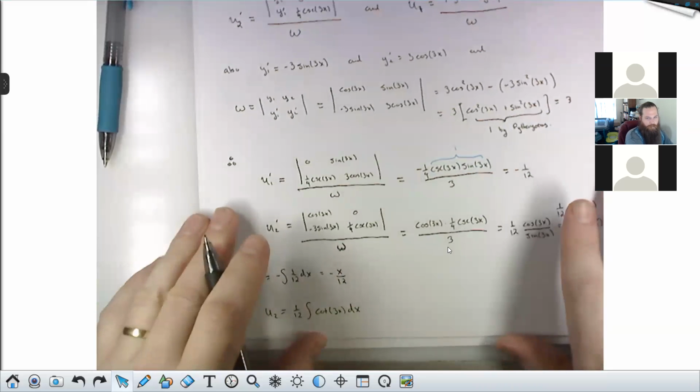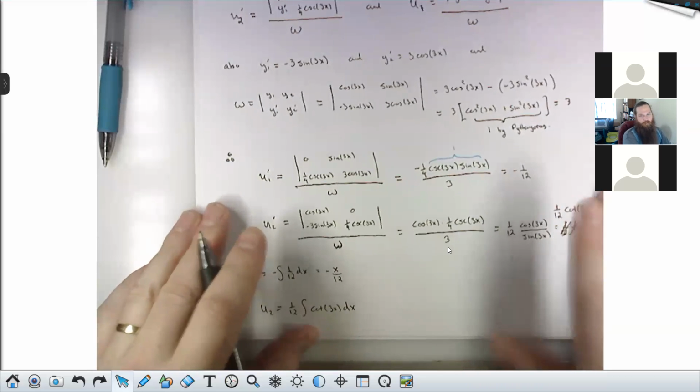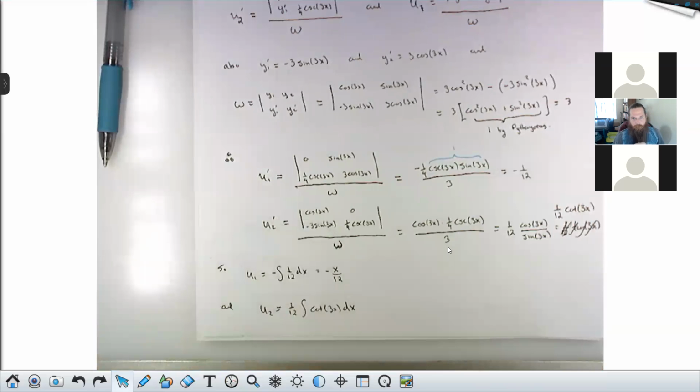Now, does anybody remember the integral of the cotangent function? The natural log of sine. Good, yeah, it's the natural log of sine. You'd write it as cos 3x over sine 3x and then sub for sine 3x. We have to be a little bit careful here because we do have the 3x inside. It's not just cotangent x.